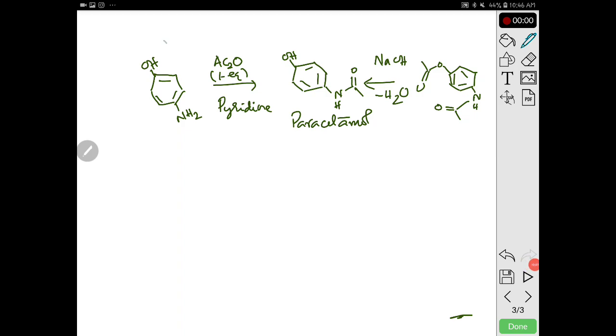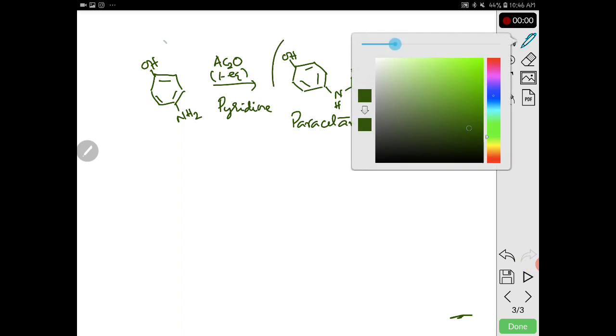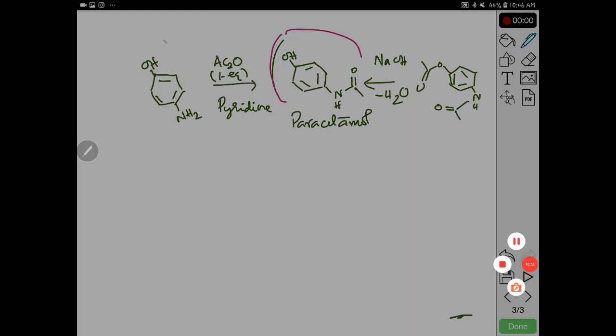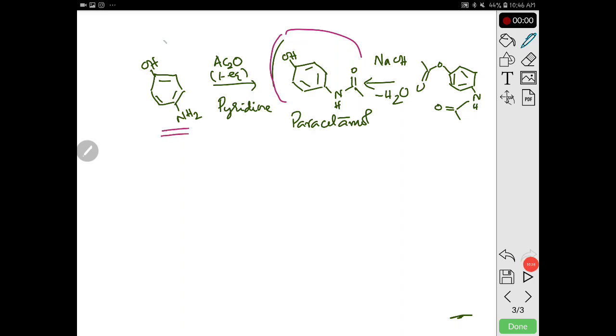You could see another reaction over here. This is paracetamol. Paracetamol could be prepared from this 4-aminophenol, and also from this reactant. Here the amine group is getting acetylated, not the OH group.